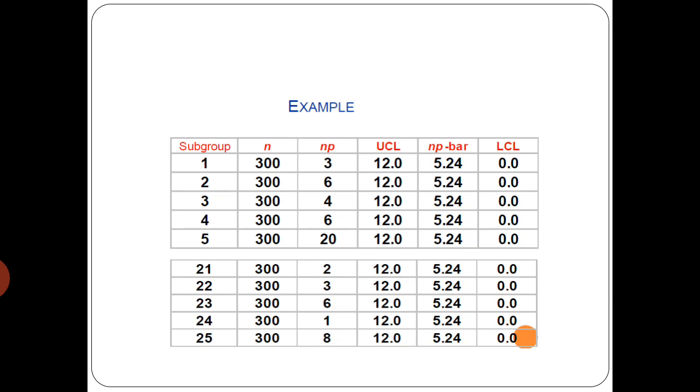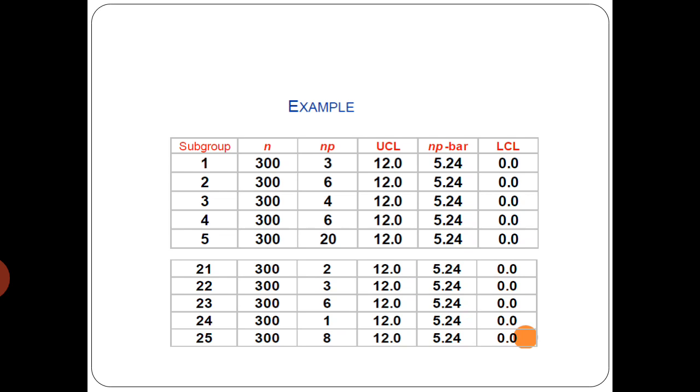Again, an example is taken. So n is the same 300, NP 364, 620, like this till the 25th subgroup the values are given, and upper and lower control limits are drawn for the NP chart with the formula.